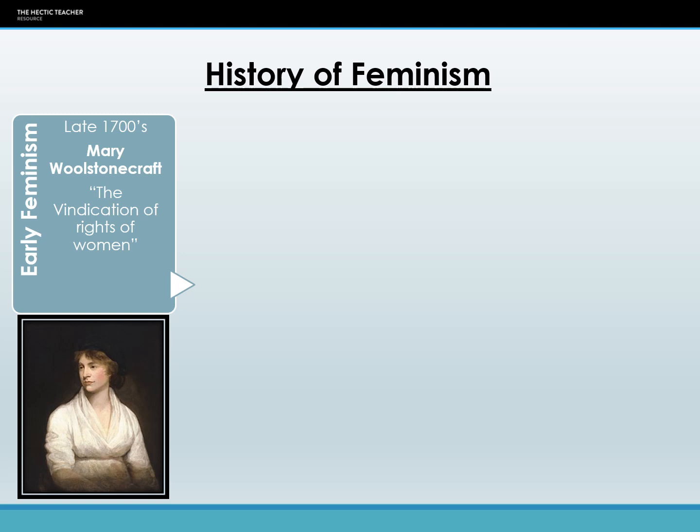So Mary Wollstonecraft started campaigning, the first feminist campaign, saying: hang on a minute, why can't women own property? Why can't women run businesses and inherit wealth and be financially independent? The argument at the time was that women don't have the intellectual capacity for these sorts of things.